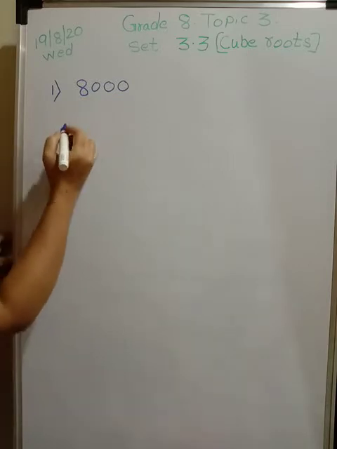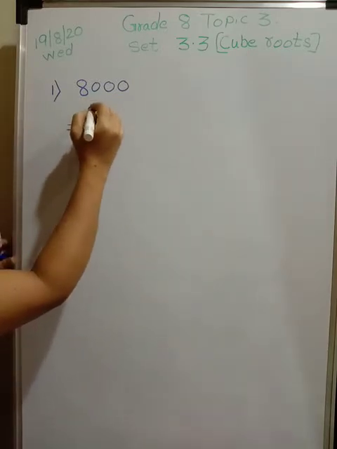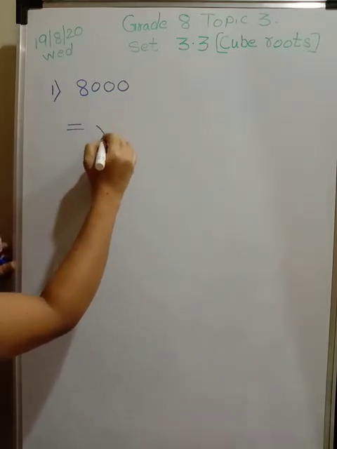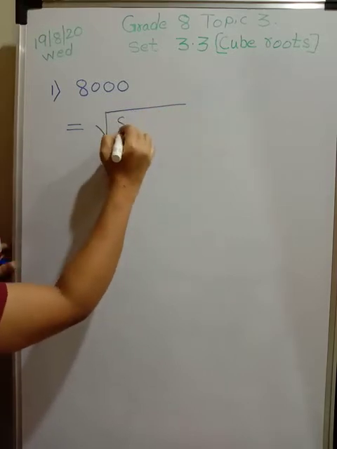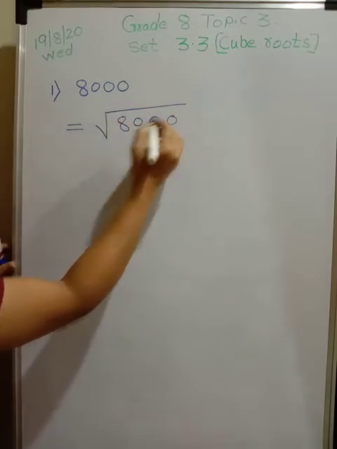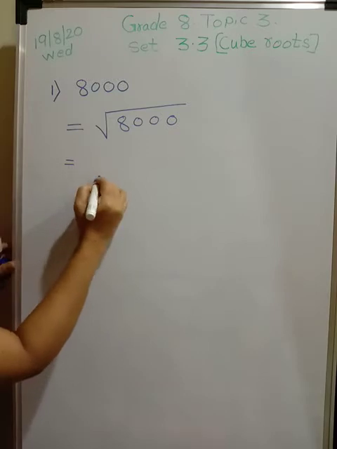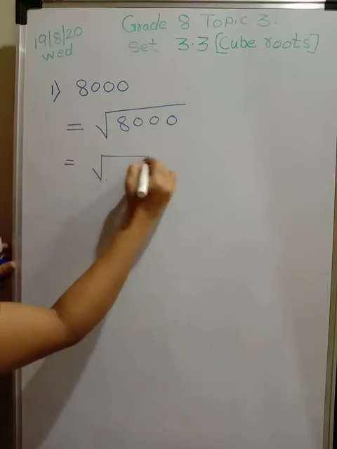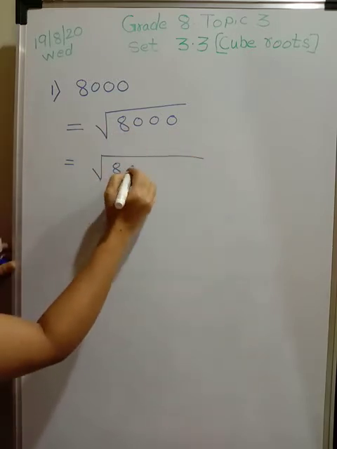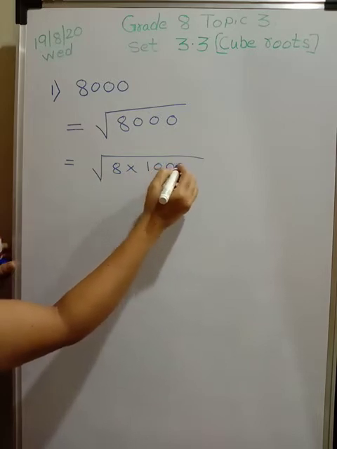See this now, 8,000. We have to find the cube root of this. So it is the cube root of 8,000. It is as good as finding the cube root of 8 into 1000.